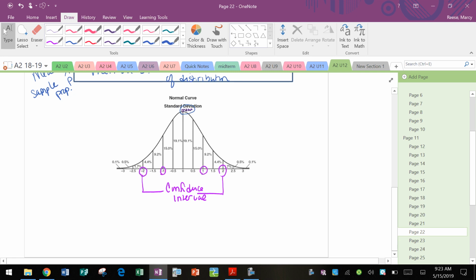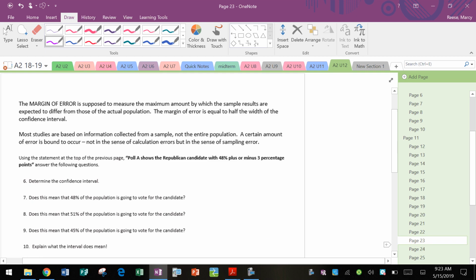Just keep thinking range, okay? And so what we're saying is 95% of the data falls within this range. And remember, if we were 1 standard deviation away, it would only be 68% of the data. If it's 3 standard deviations on each side, it's 99% of the data. Okay, so flip that page. Let's go to the next.